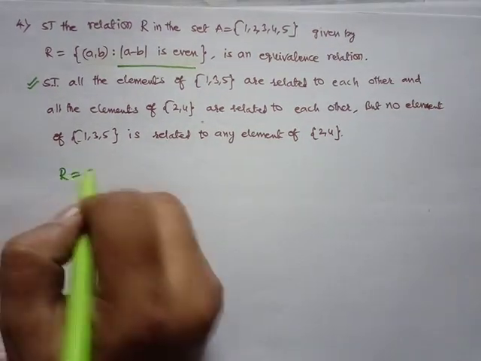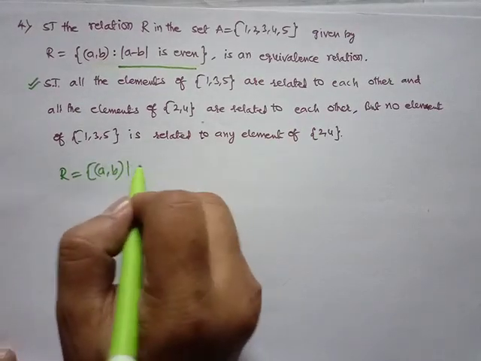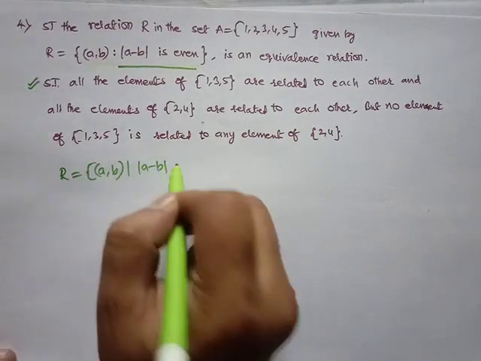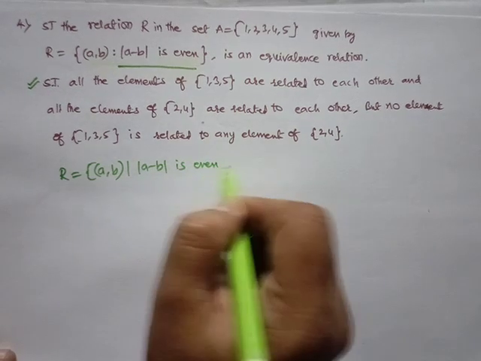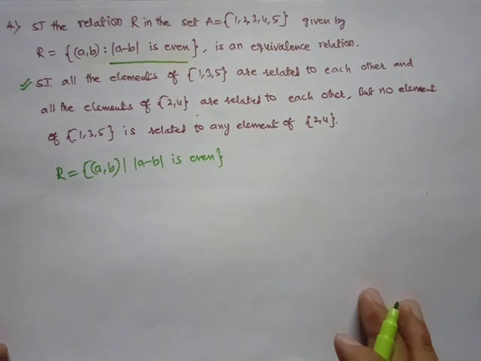Now R = {(a, b) : |a − b| is even}. First of all, we'll consider it from the first element.